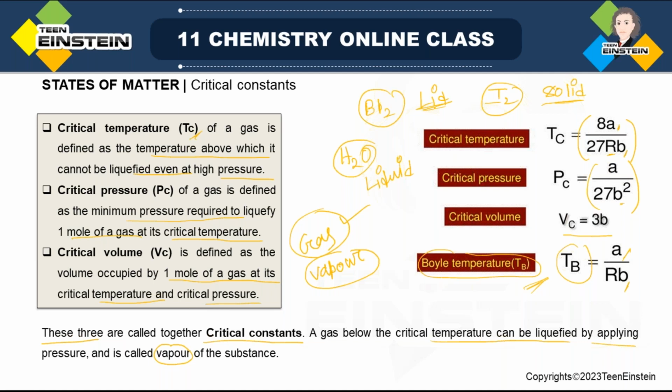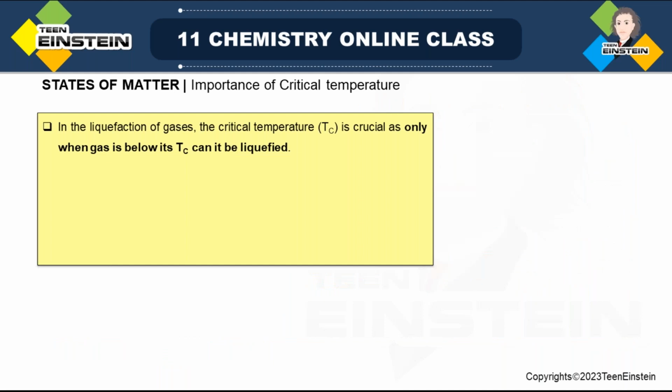So, that is another definition of the difference between gas and vapor. A gas below its critical temperature can be liquefied, and in that state you can call it vapor. So what is the importance of critical temperature?